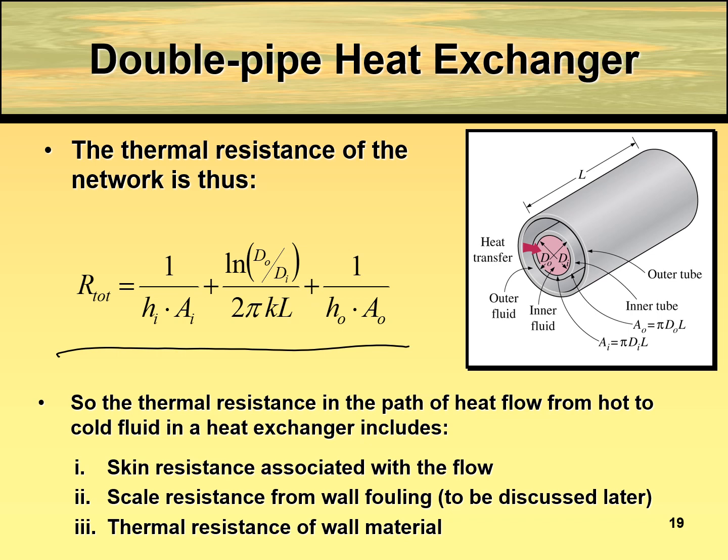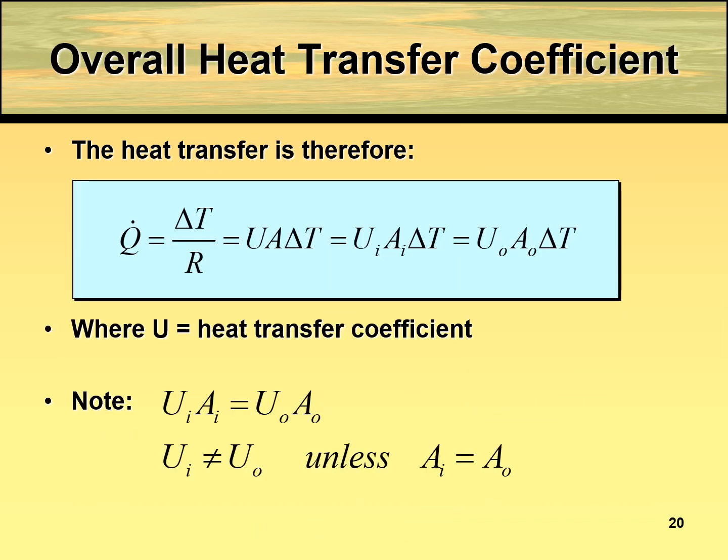The total thermal resistance in the path of the heat flow from hot to cold fluid in the heat exchanger includes the skin resistance associated with the flow, the scale resistance from the wall fouling, and as well the thermal resistance of the wall material. So the rate of heat transfer can therefore be simplified according to this equation: Q equals delta T divided by R, which is equal to UA delta T, or you can refer to UI AI and UO AO.